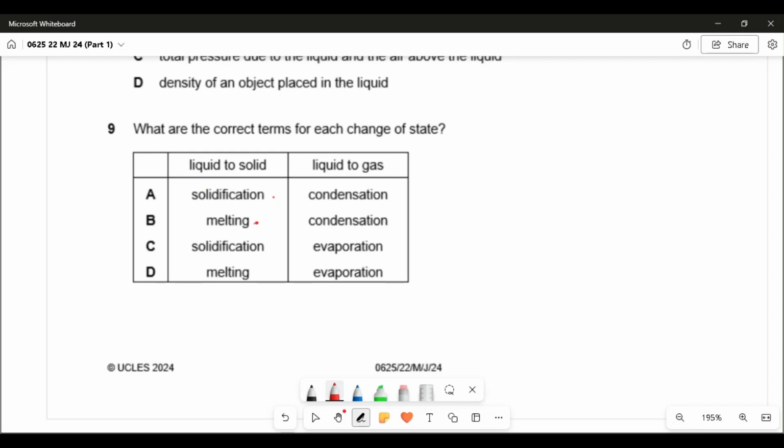No, melting is not liquid to solid. It is solid to liquid. Liquid to solid is solidification, as I told you. And liquid to gas is evaporation. Yes, it is evaporation, so part C is correct. Liquid to solid melting is wrong, so it is not possible.